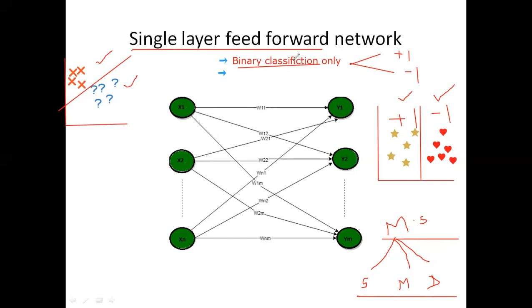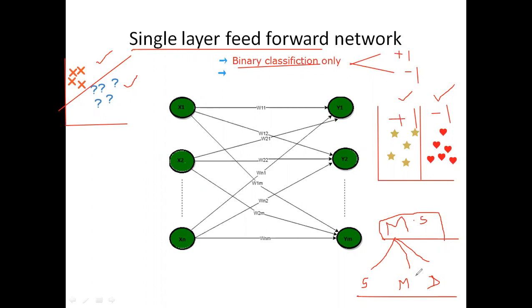But if the attribute has more than two outcomes, what is the solution? To solve these problems, we approach the multi-layer feed-forward network.